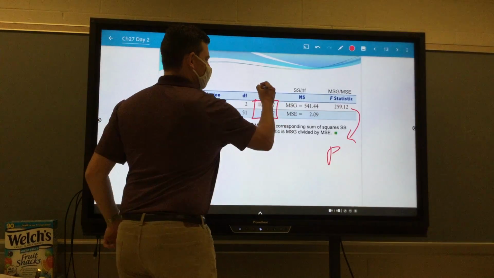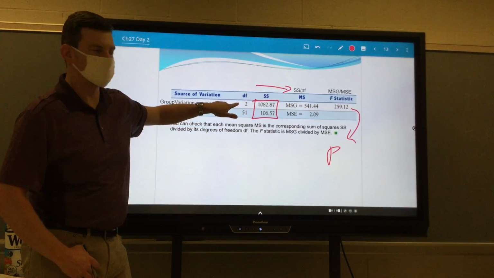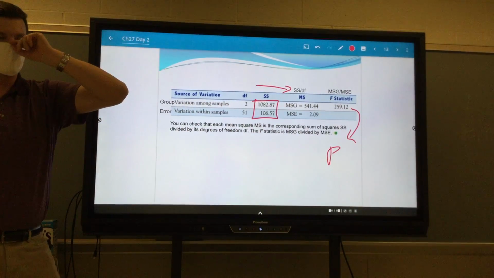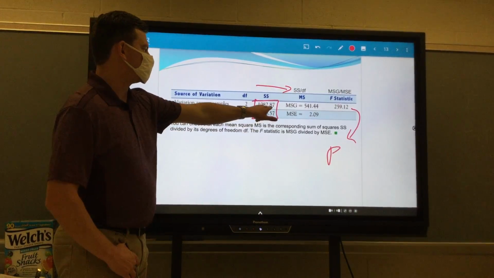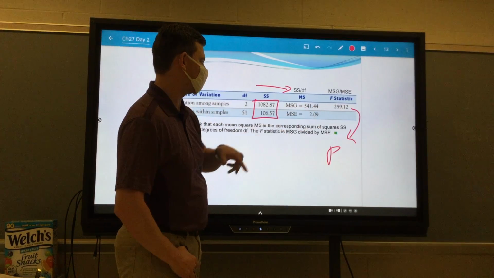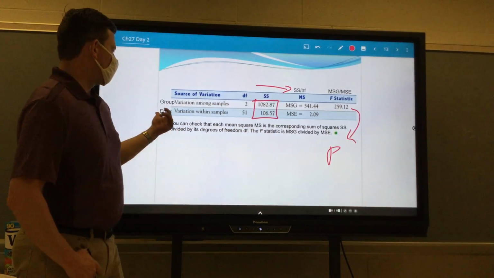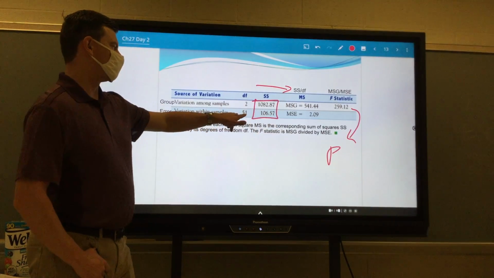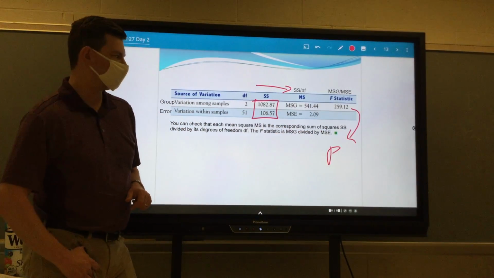So what we have up here, you take this sum of square value divided by the degrees of freedom, that is your mean of squares value, the MSG that we just saw with that incredibly complicated formula a couple slides ago. Okay. So you take that 1082.87 divided by our 2 degrees of freedom in our variation for the samples, we have 541.44. In our error group here, we had 106.57 divided by 51 degrees of freedom, MSE, we get 2.09.